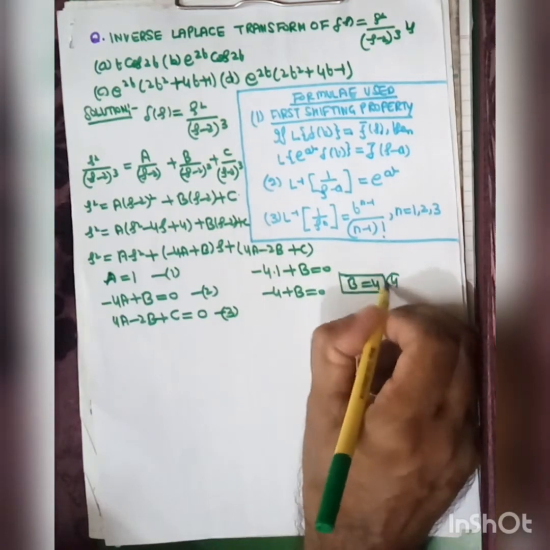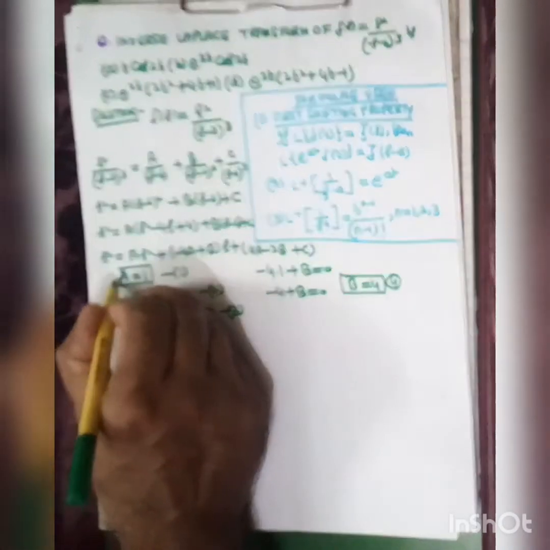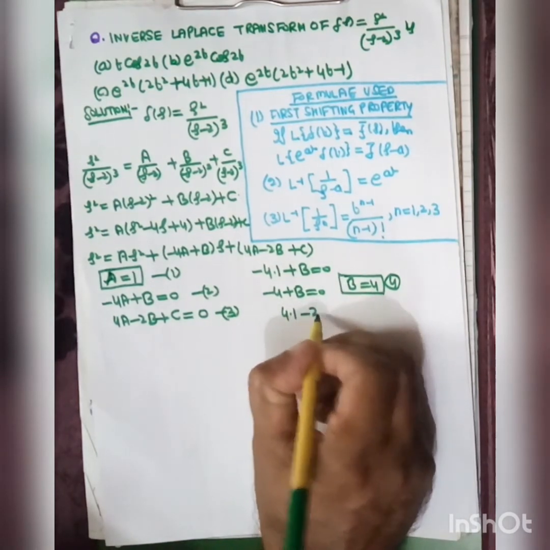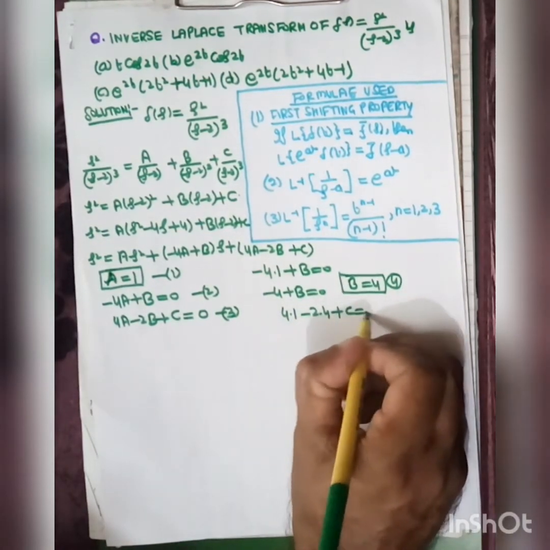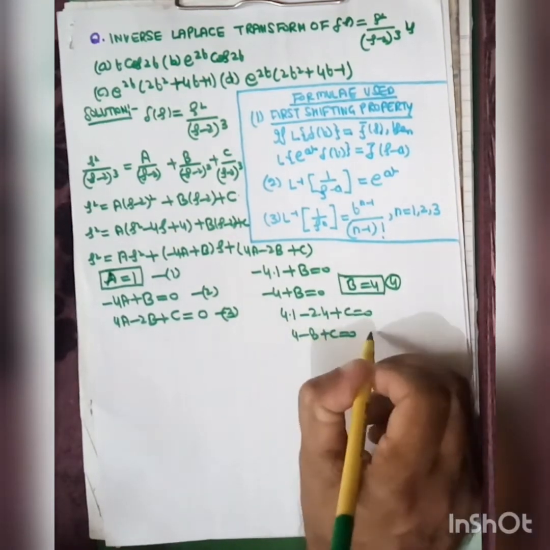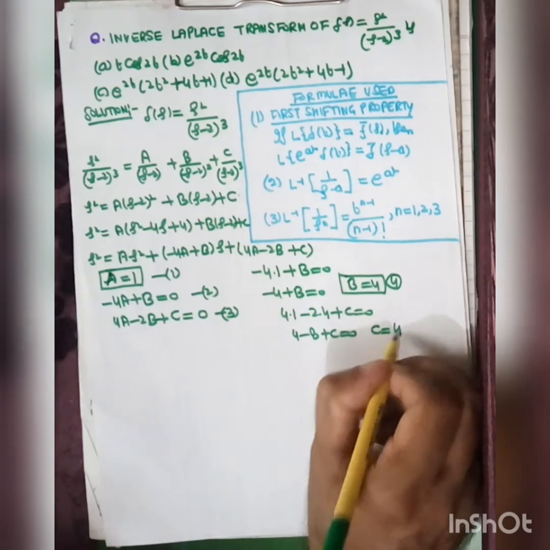This is equation 4. Now putting the value of A and B in equation 3, 4 into 1 minus 2 into 4 plus C is equal to 0, so 4 minus 8 plus C is equal to 0, so C is equal to 4.